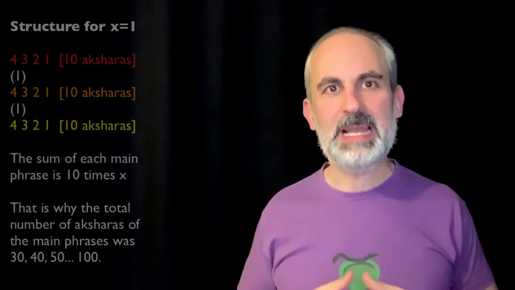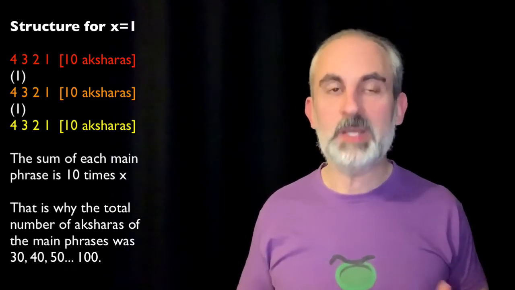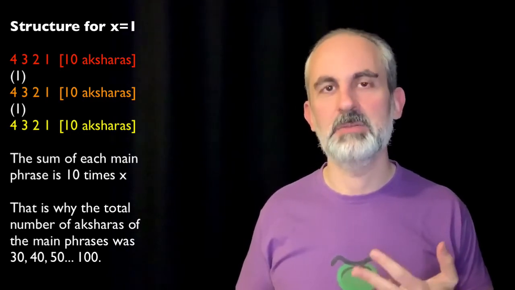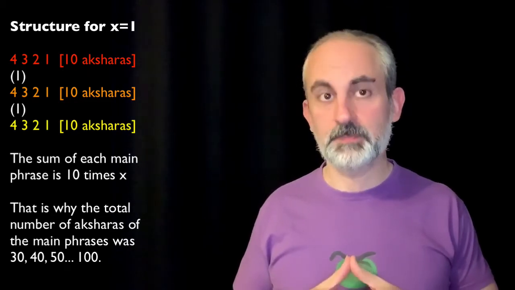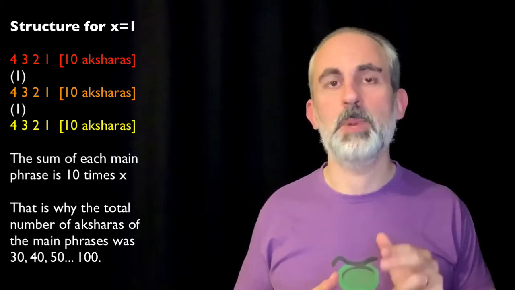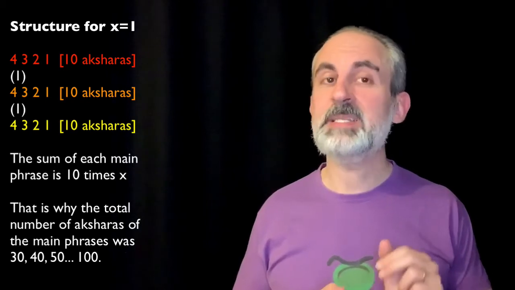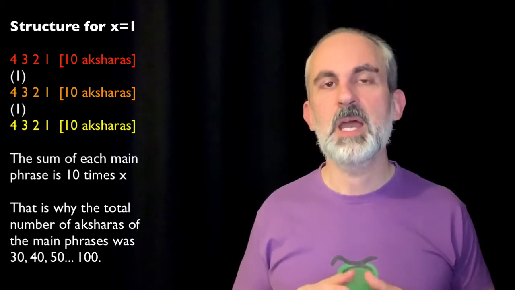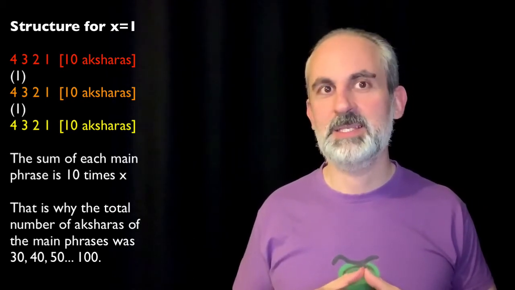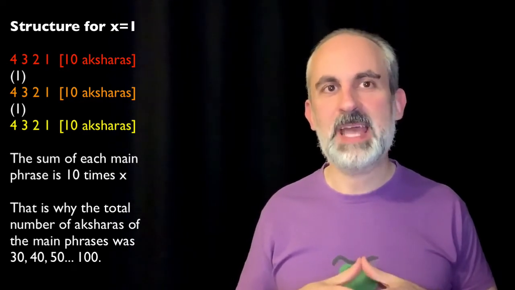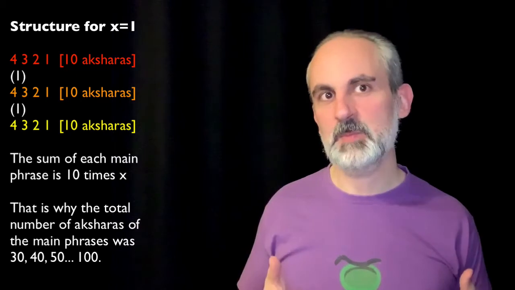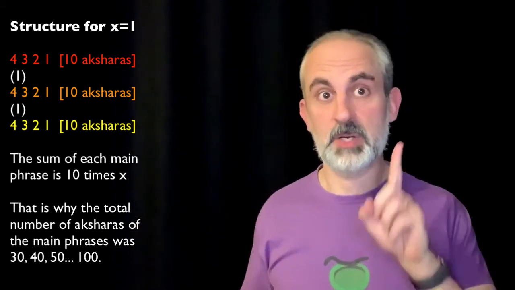So let's look at the main phrase here that is highlighted in red, orange, and yellow, right? When you add up those values, that is 4 plus 3 plus 2 plus 1, what you get is the number 10. And that number is very interesting, because that number 10 is 10 times the value of x, because our x is 1.